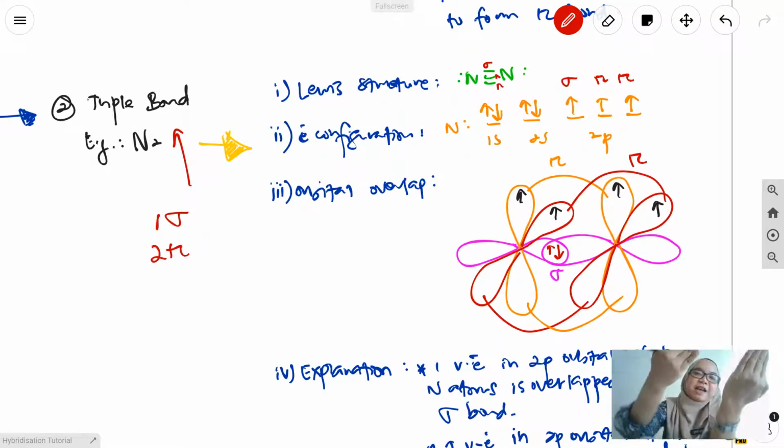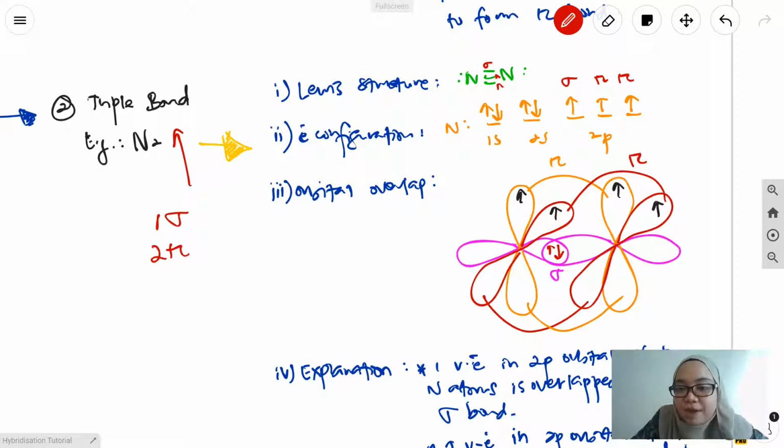If it's diagonal, then both must be diagonal, so that both can form side-to-side overlapping to form a pi bond. In this case, these two are vertical 2p orbitals with the same orientation. So these two will form a pi bond. Each will contribute one valence electron to form one pi bond.